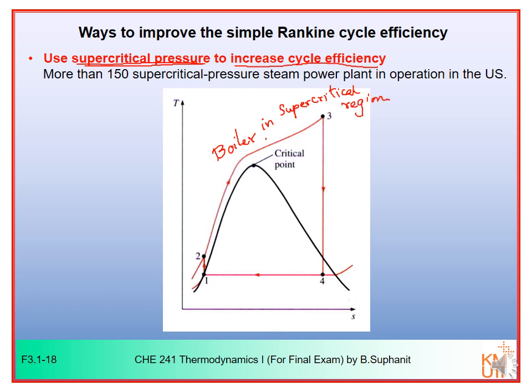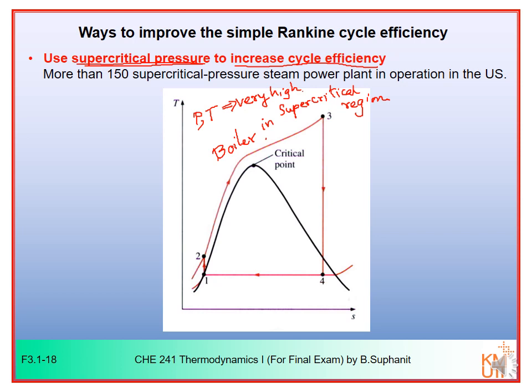It means that the pressure in the boiler and the temperature in the boiler would be very high. So you can see that instead of going through the phase change across the phase boundary from sat liquid to sat vapor, you actually pump your water to the supercritical pressure, and then heat it up.